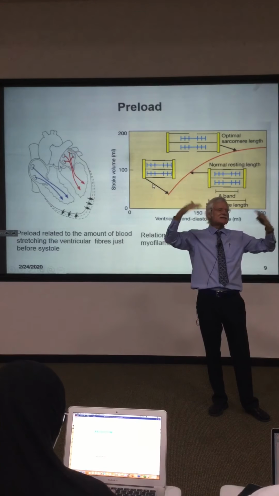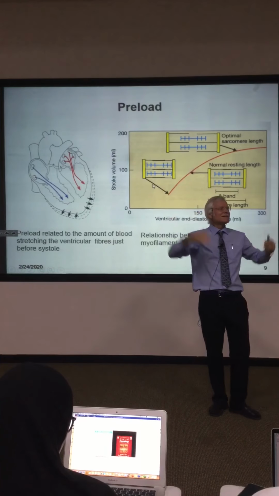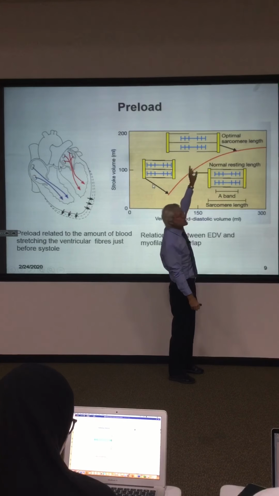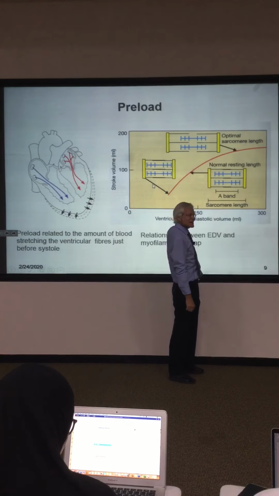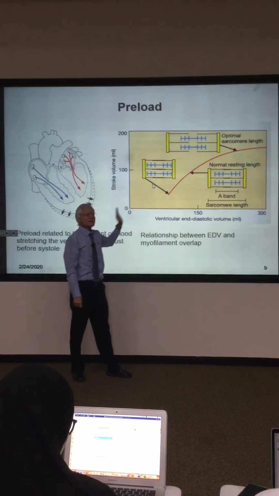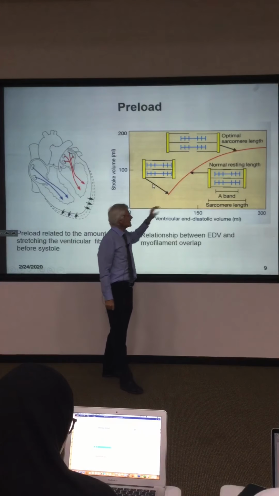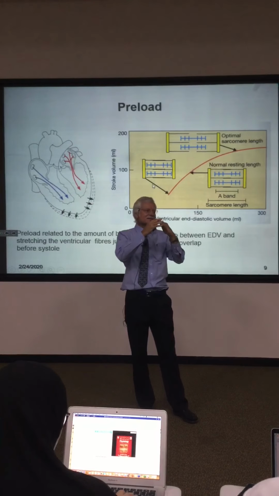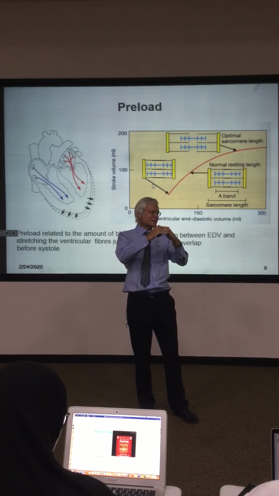Some of the actin and myosin relationships, you may lose that. So that's what's going on up here. It's like there's no interaction anymore. Can you see that? So one explanation for this Frank-Starling relationship is to do with the interaction of actin and myosin in the cross-bridge cycling.